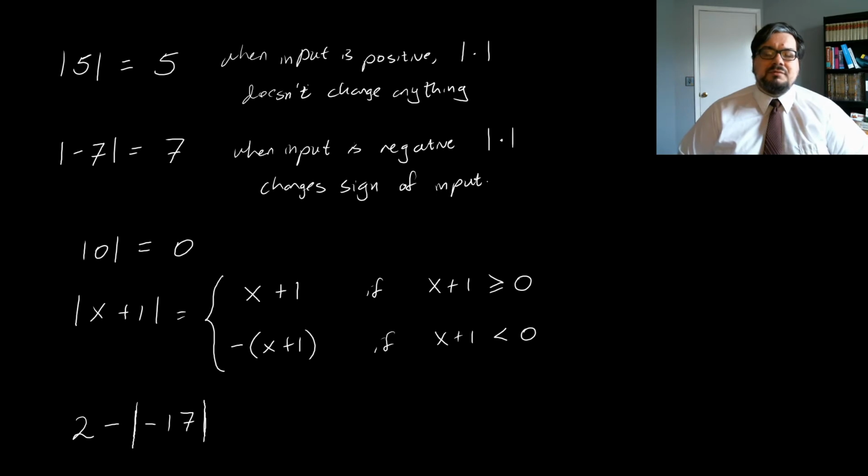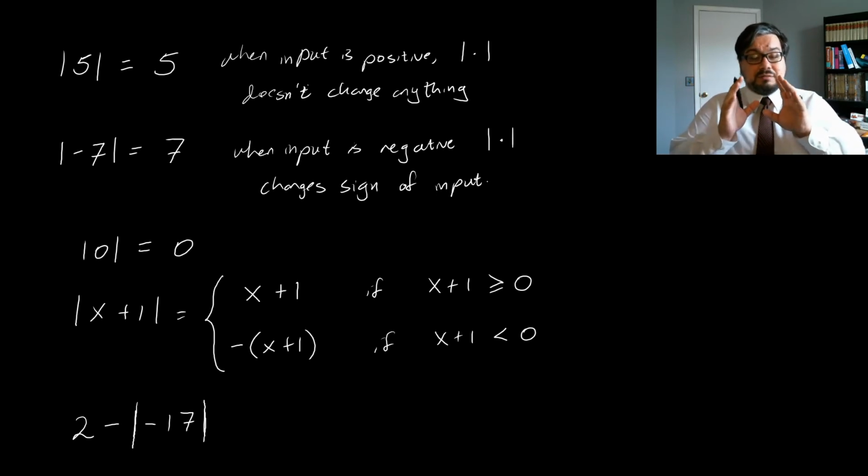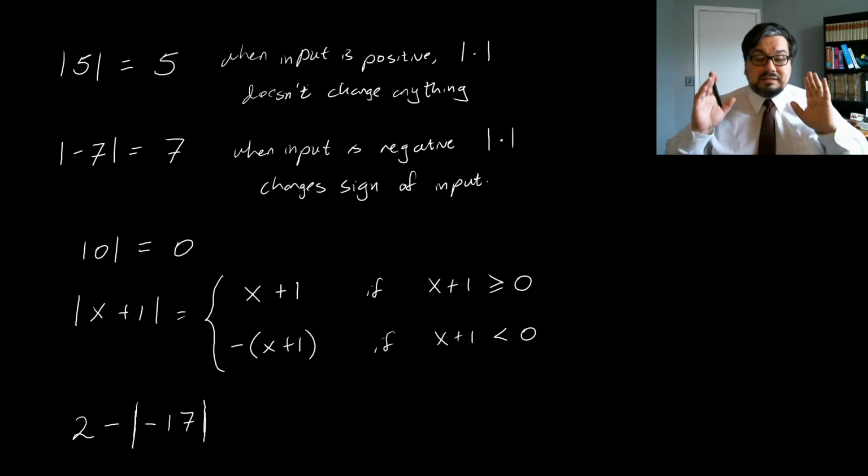And the absolute value symbols take the same precedence in order of operations as parentheses, meaning that you have to handle all the stuff inside the absolute values first and work out what that value is before doing anything else with it.